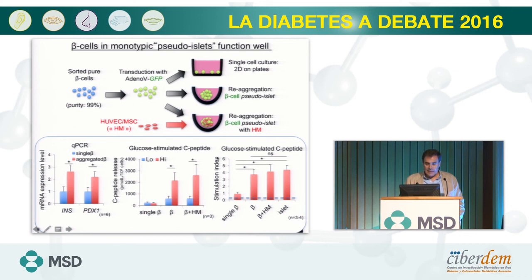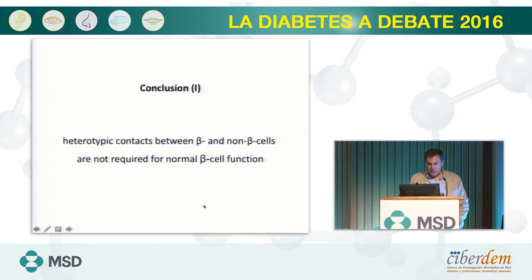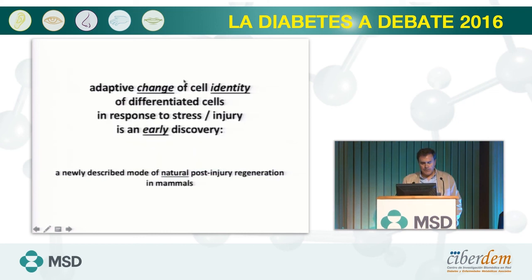And importantly, this stimulation index is like in native islets before any dissociation. So monotypic beta cell only pseudo-islets are able to restore beta cell function. And this is an interesting observation. It's a confirmation of something that we already knew, which is that these heterotypic contacts between beta cells and non-beta cells through gap junctions or whatever are not required for normal beta cell function.